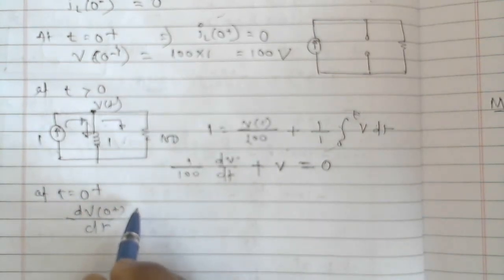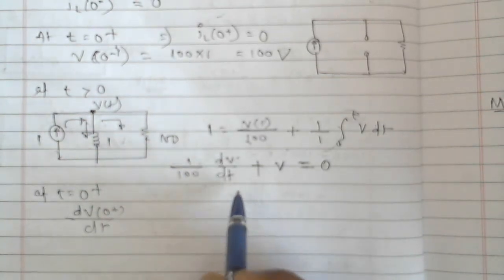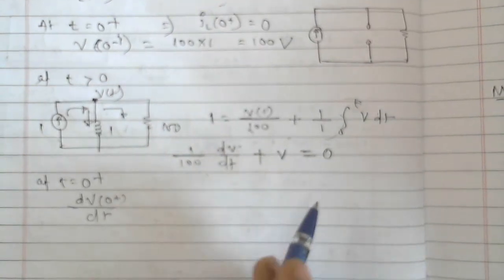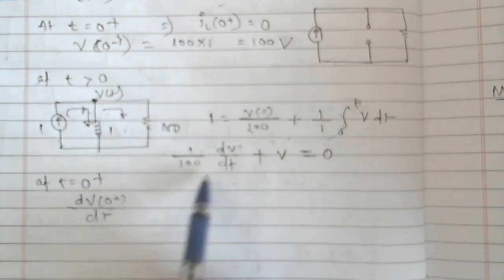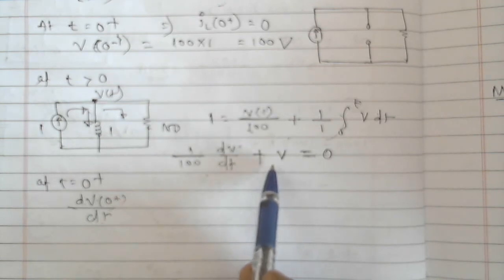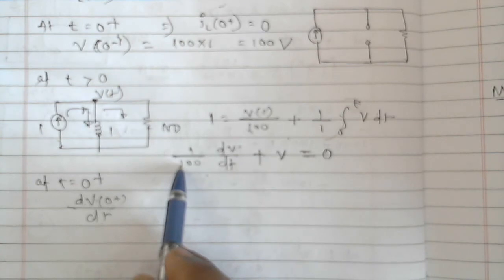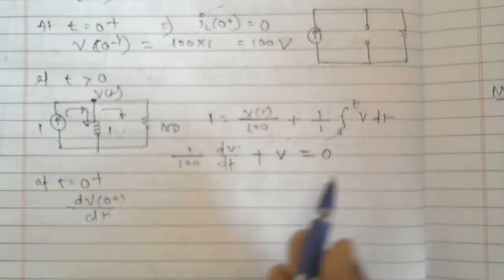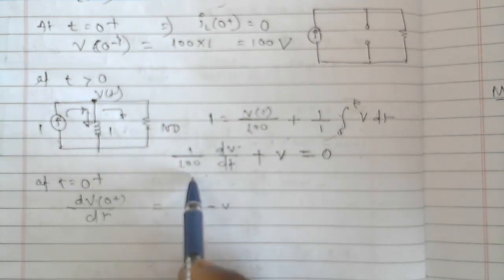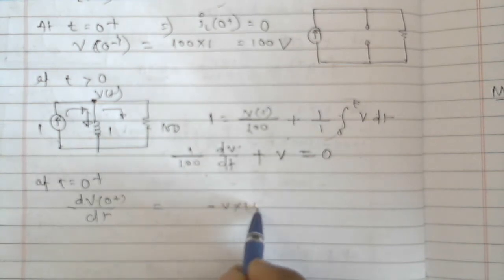So I can write down dv at 0 plus by dt. Or before that, I can rearrange this equation. How to rearrange this? For dv by dt, I can take 100 there, or you can keep it as it is, no issue. Now I can rearrange dv at 0 plus by dt equal to, I will take this v on this side, so it will become minus v. Then I will take this 100 from the denominator, here it will be multiplied, so minus v into 100.